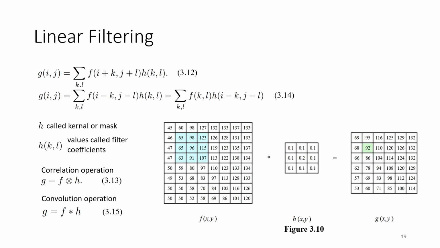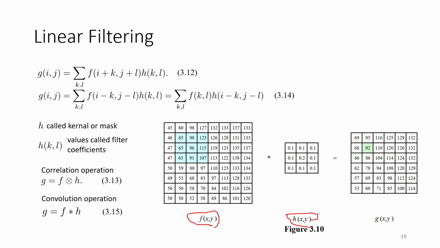Suppose we have input image F, and we have a kernel, we usually call it kernel or mask, like this one. Then we do a correlation operation or a convolution operation. They are equivalent.